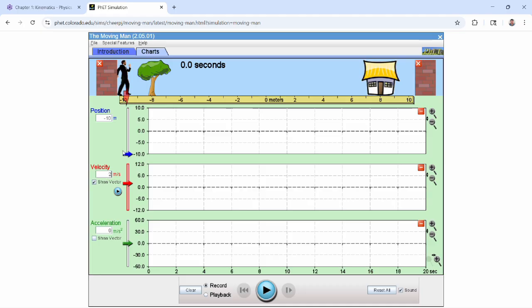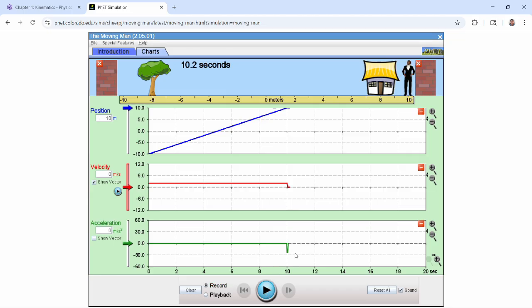So I'm going to have him walk all the way to the 10 meter mark, 20 meters total, and then I'll turn his velocity around and have him come back. That'll take about 10 seconds, and when he reaches there, as he comes to a stop, I will pause the simulation.